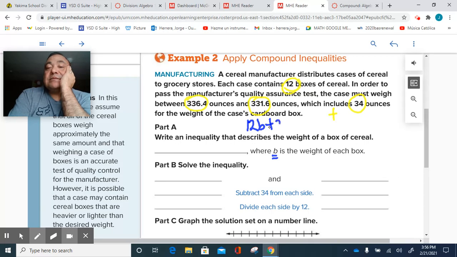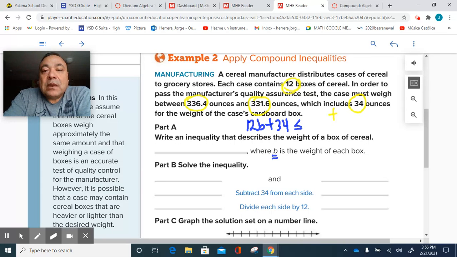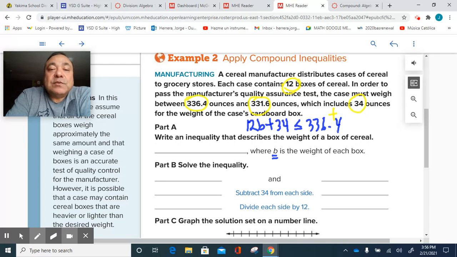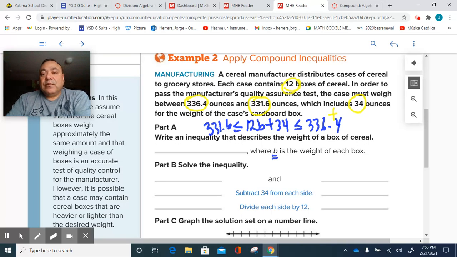Those boxes plus 34 ounces for the weight of the boxes has to be less than or equal to 336.4, but it has to be greater than 331.6.